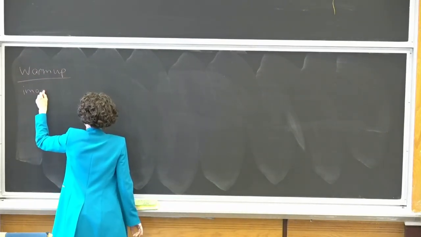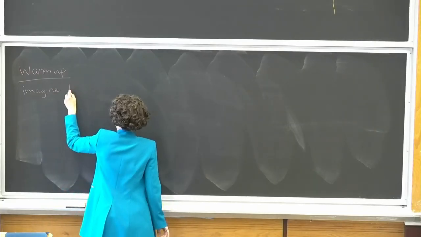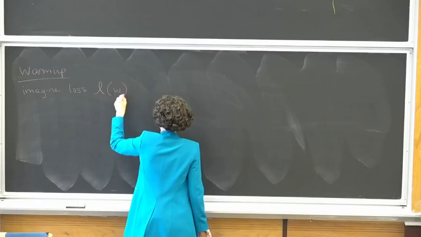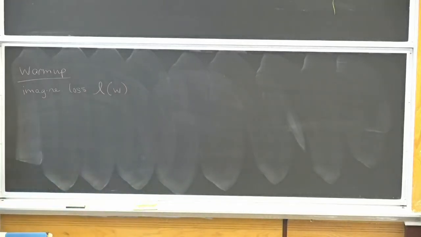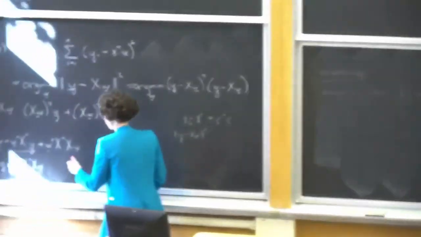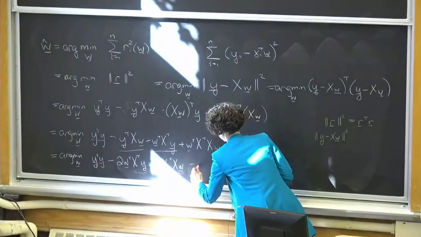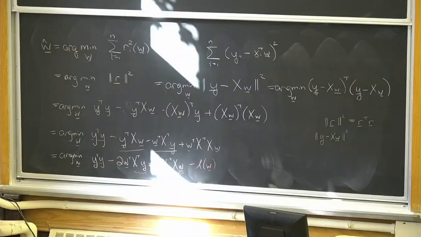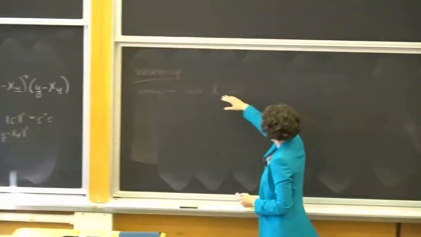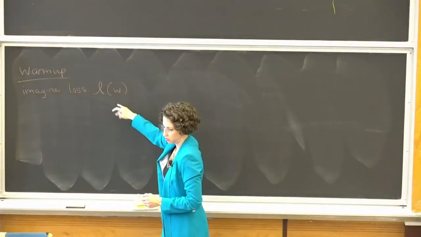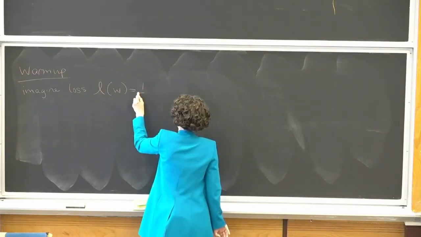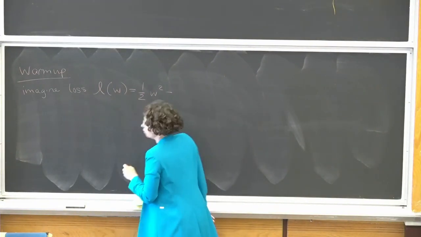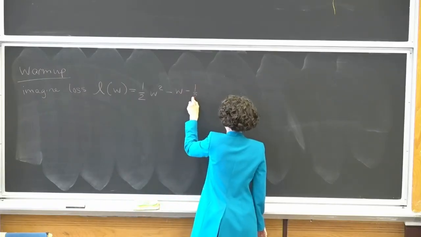So imagine that we have a loss function, L, that depends on a variable W. And just to be clear, over here, this thing that we're minimizing, this is our loss function. This is our loss associated with W, where the loss corresponds to the sum of squared errors. So now we're going to imagine a simpler loss function, which is simply 1/2 W squared minus W minus 1/2.